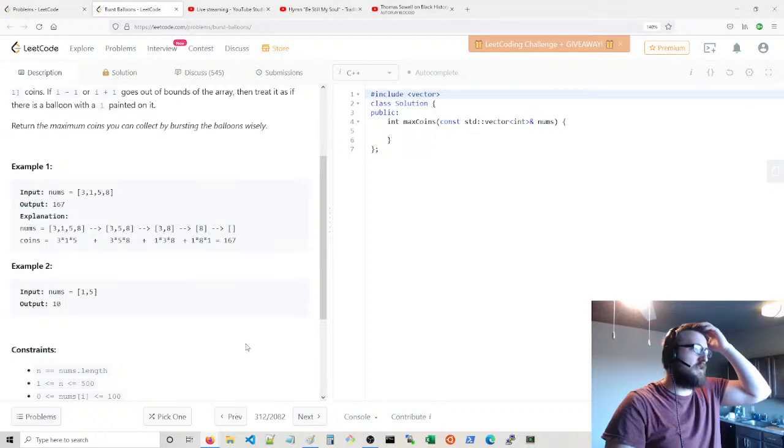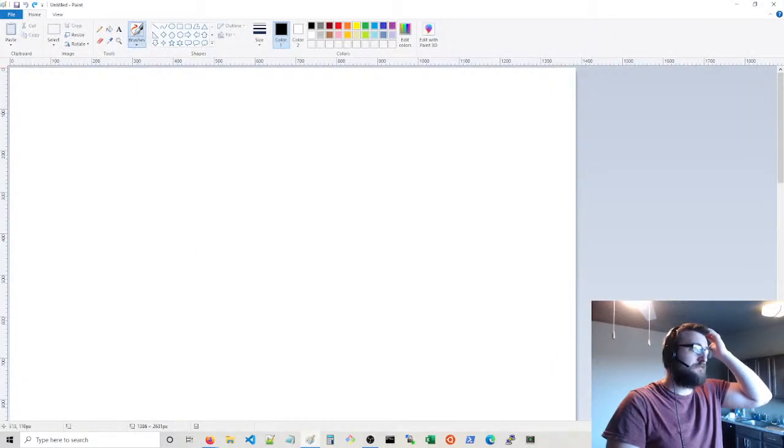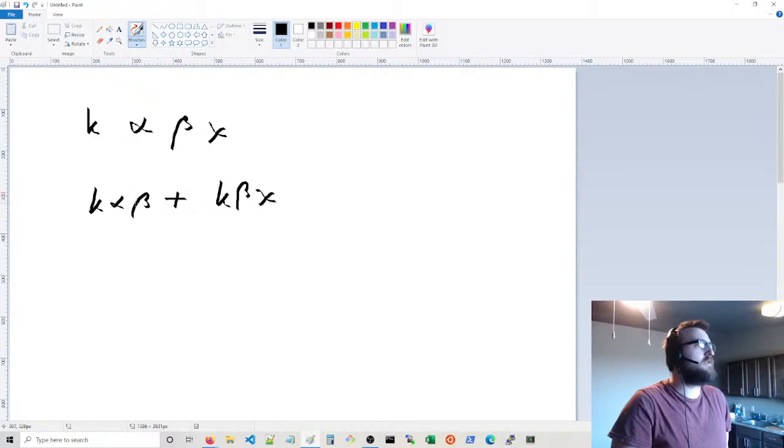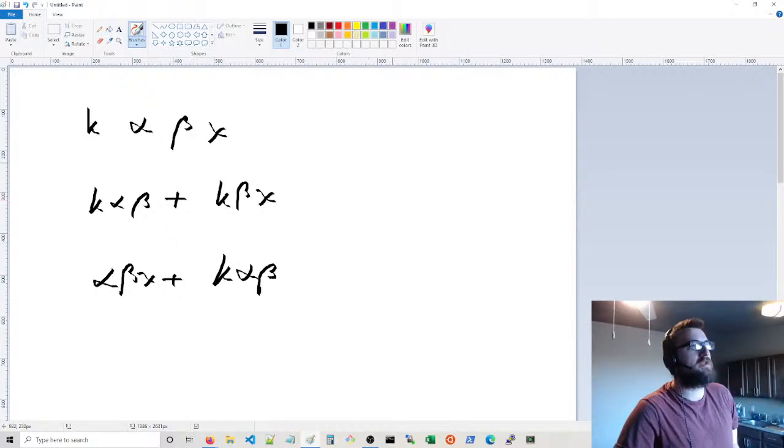I'm not really sure how exactly we'd want to do it, but if you have k alpha beta x, and you say k alpha beta, if you do alpha first, plus k beta x, versus k alpha beta x plus k alpha beta. And k and x are constants, right? But let's say alpha is greater than beta.